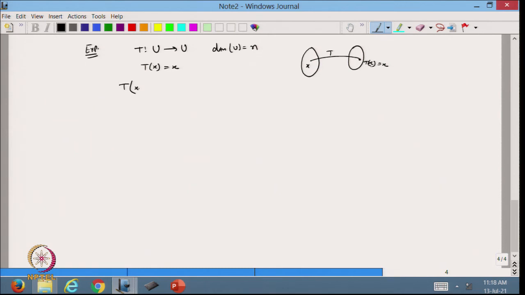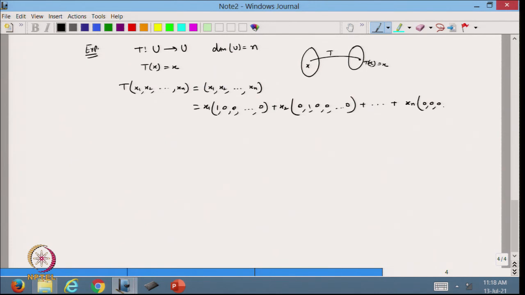So, definitely my x will be x1, x2, up to xn, and this is also equal to x1, x2, up to xn, and this one I can write in the standard form. So, I can write my x1 as 1 0 0 0, x2 as 0 1 0 0 0, and in the end I can get xn, that is 0 0 1, and from here I can write a matrix.